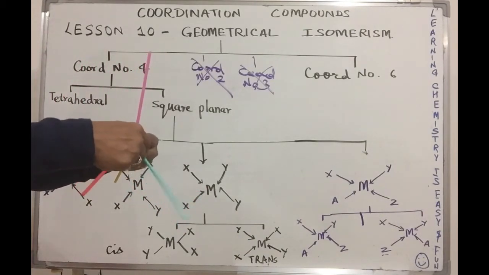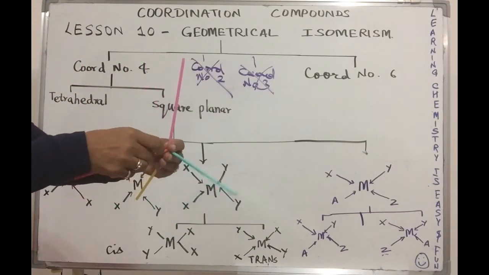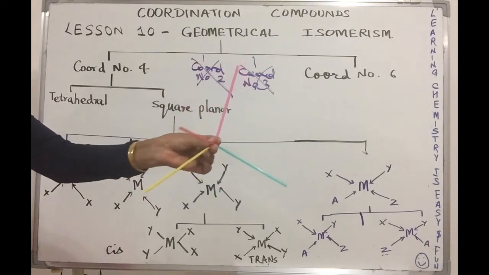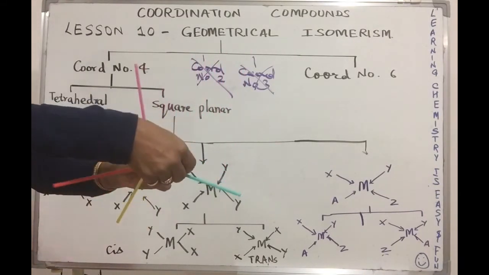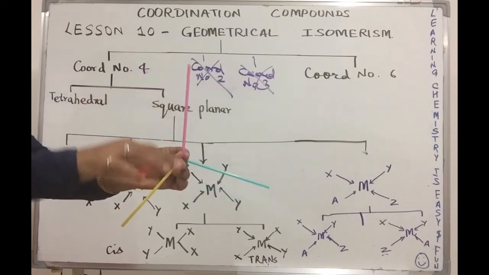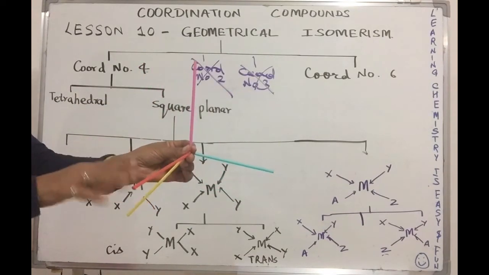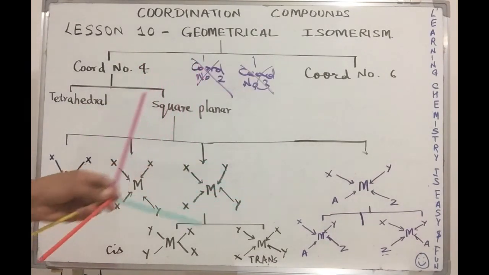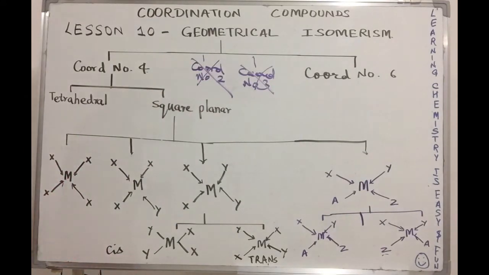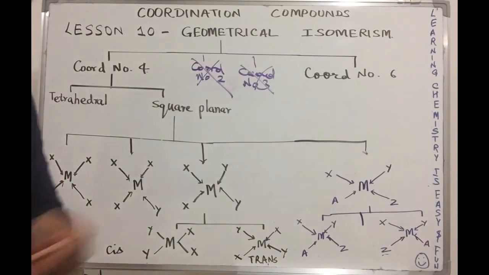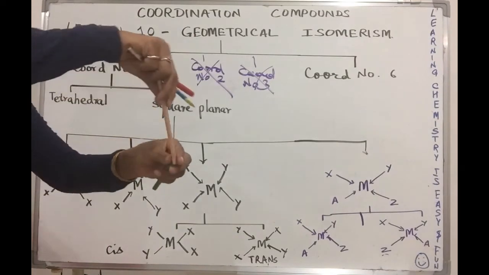So this is how a tetrahedral arrangement is. All 109 degrees 28 minutes, and you can show these with the help of pencils. Better still, grab 4 pens or pencils in your hand.